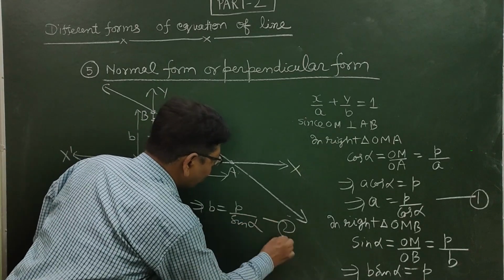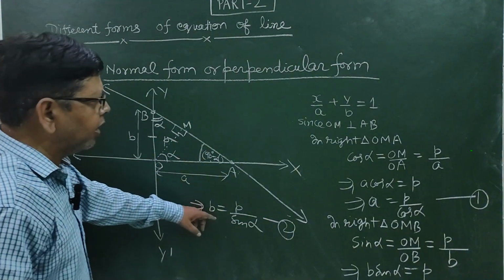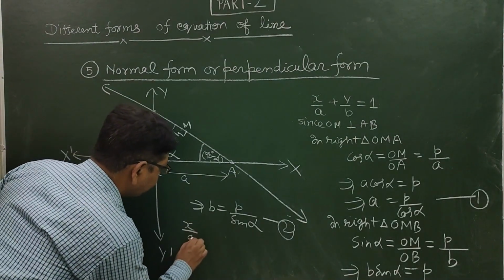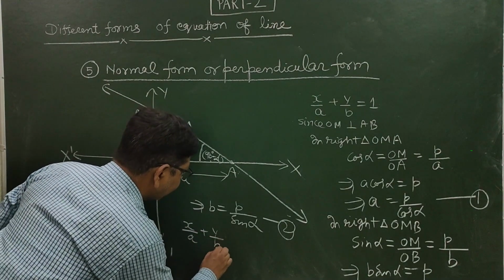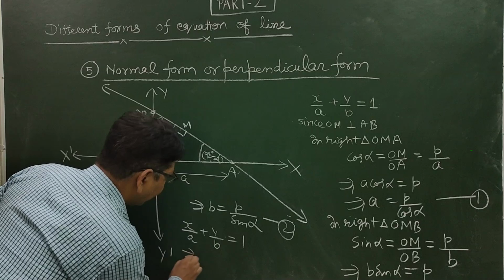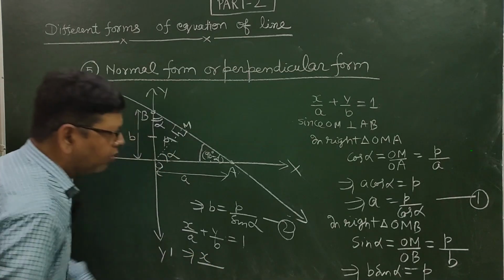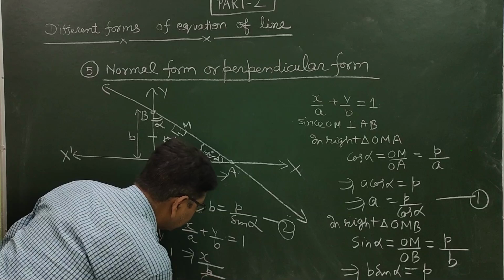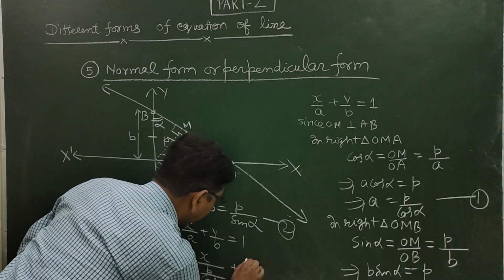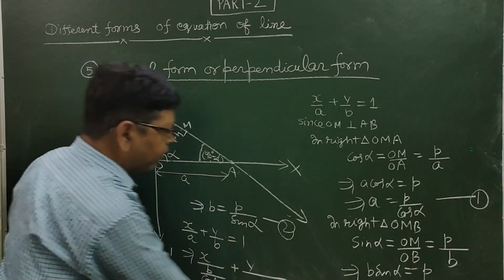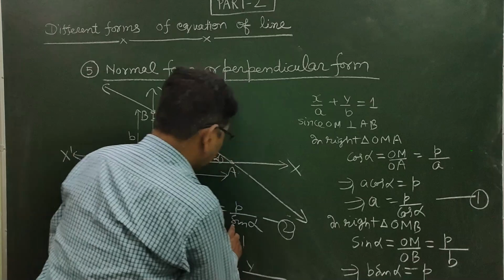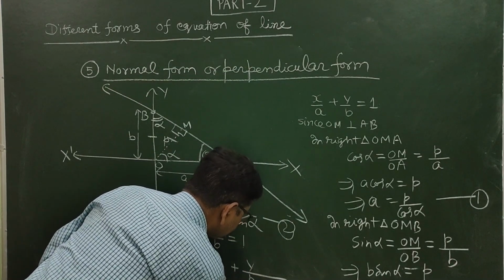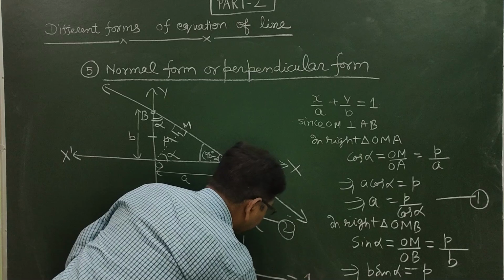This is number 2. Putting these values in the equation x upon a plus y upon b is equal to 1: x upon a, the value of a we have calculated, p upon cos alpha, plus y upon b, the value of b is p upon sin alpha, is equal to 1.